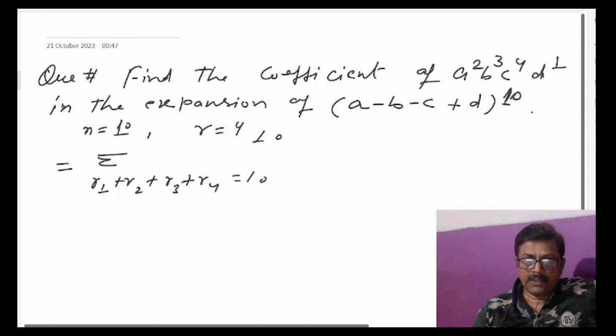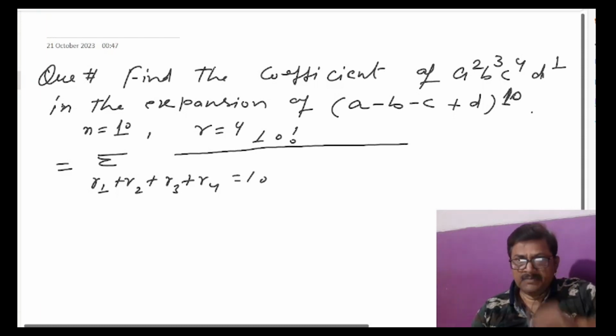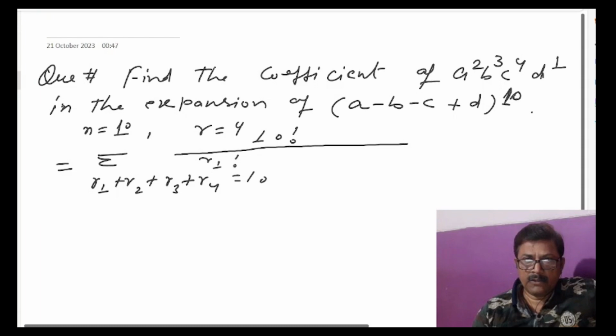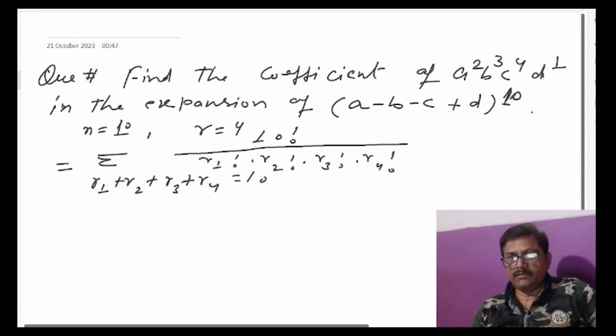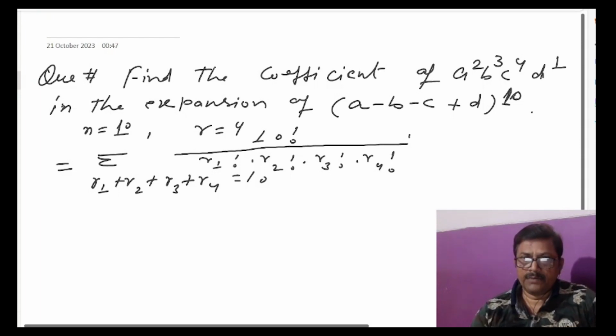So 10 factorial divided by r1 factorial into r2 factorial into r3 factorial into r4 factorial, into a to the power r1, minus b to the power r2, minus c to the power r3, and d to the power r4. Correct?